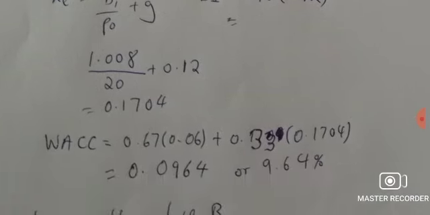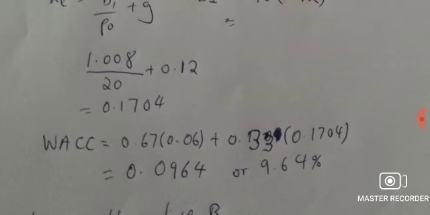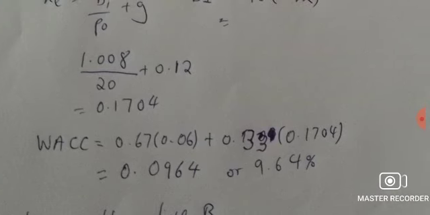Then we get to WACC, the final formula itself, weighted average cost of capital. We only have equity and debt in our question, as also in alternative B. Substitute the weights. The same way we got the weights is the same way we'll do it here.